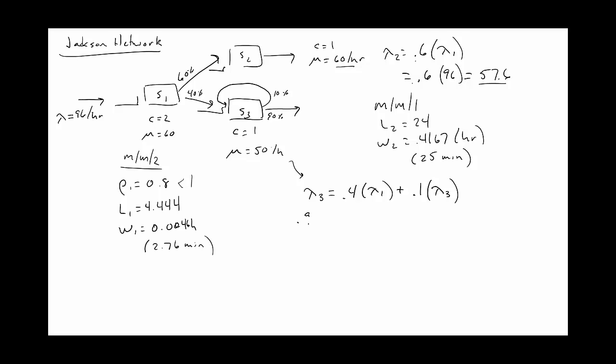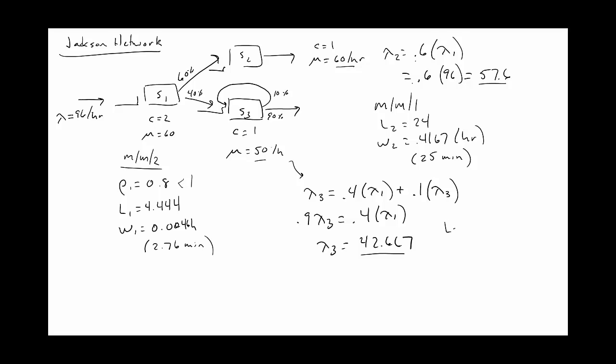And so we get 0.9 times lambda 3 is 0.4 times lambda 1. Lambda 3 is equal to approximately 42.667. And so now we have an MM1 queuing system with lambda 42.667, mu equal to 50.